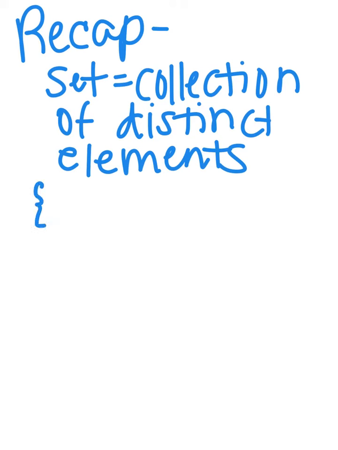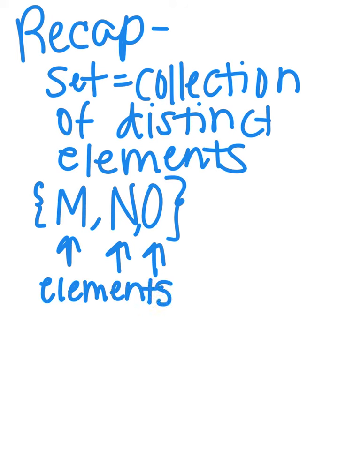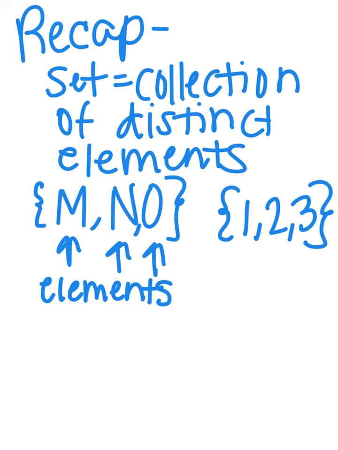For example, we can have a set that includes M, N, O. Whoops, I forgot my comma. This is an example of a set. Its elements are M, N, and O. Those three things are the elements in that set. Most likely we're going to use sets for now that include numbers. So we could have 1, 2, 3, and 1, 2, 3 would be the elements of a set. So these are two examples.